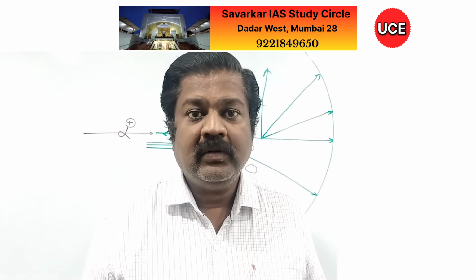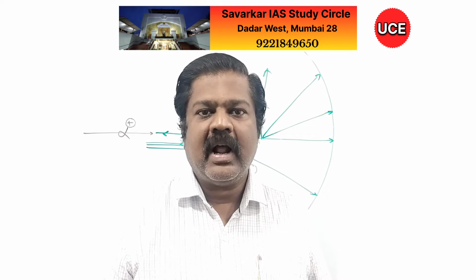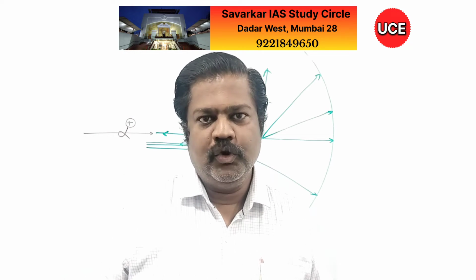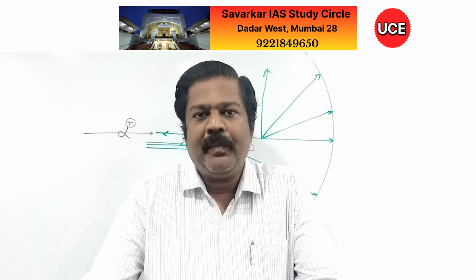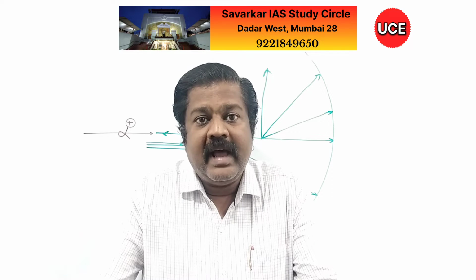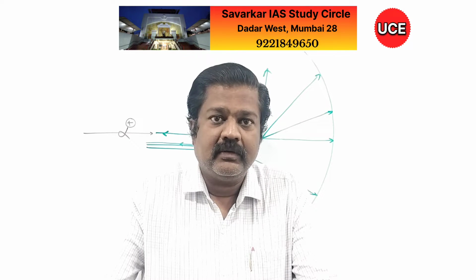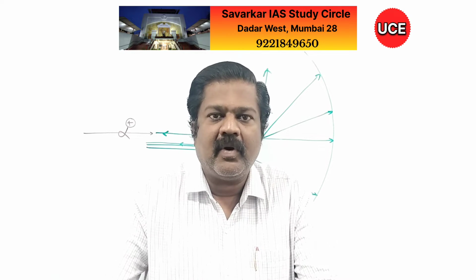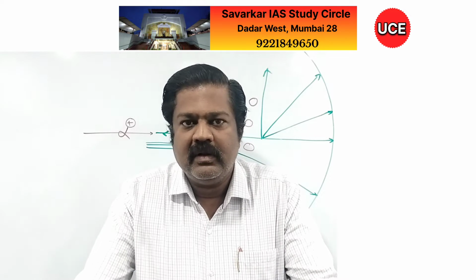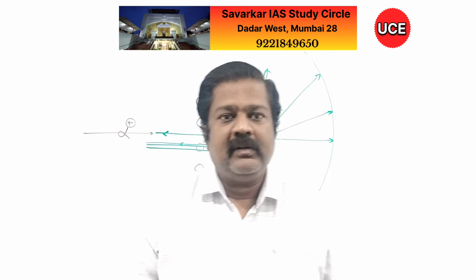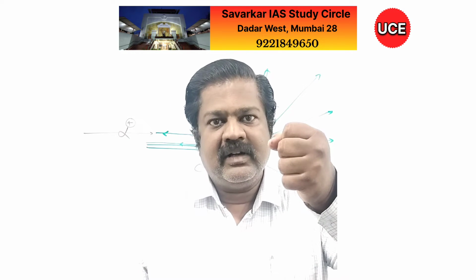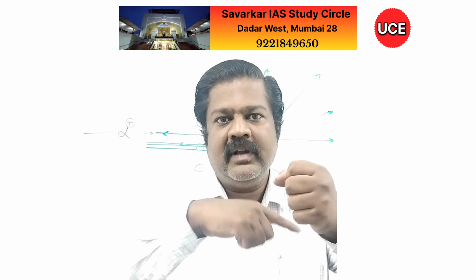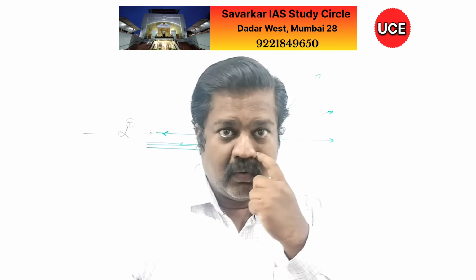Now where is the electron? He says electrons are extranuclear electrons. Extranuclear means away from the nucleus. So they are away from the nucleus and they are revolving around the nucleus, like planets revolving around the sun. That's why this model is called the solar system model of the atom, where the sun is at the center, here the nucleus is at the center, and here electrons are revolving around it.